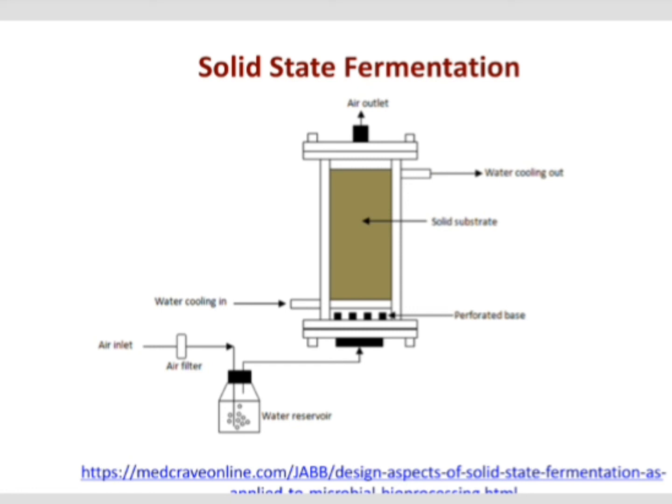So in order to balance that heat, an external jacket is given, and through that coil or jacket, water is continuously fed outside, not inside, outside that entire container, so that the inside temperature rise can be maintained to a greater extent. So this is a solid state fermentation setup, and the entire setup is very simple. It is not automated, no facility for controlling temperature, pH and all. So these were some of the drawbacks of this process.